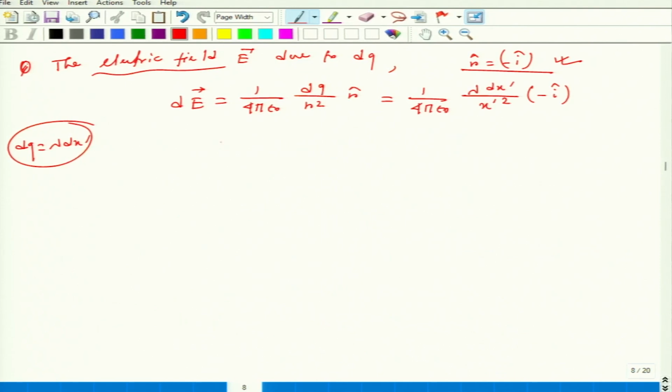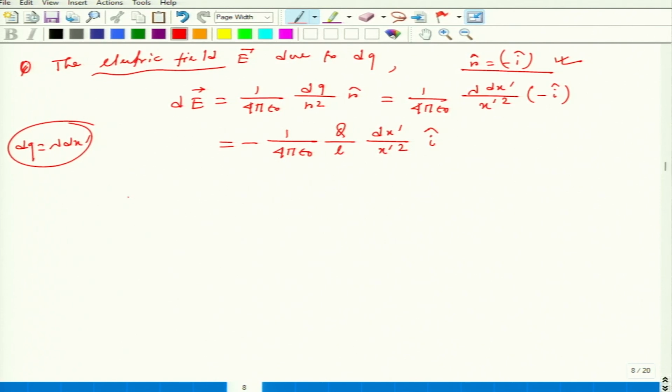Now we replace lambda by the total charge q over L. So this becomes minus 1 over 4 pi epsilon naught q over L dx prime over x prime square i cap. Now, in order to calculate the net electric field, we have to integrate over the entire length of the rod.